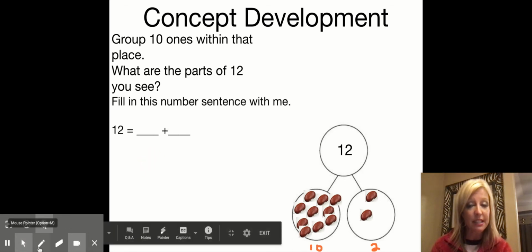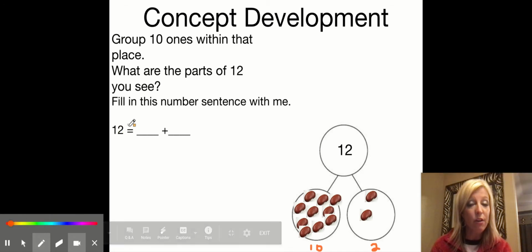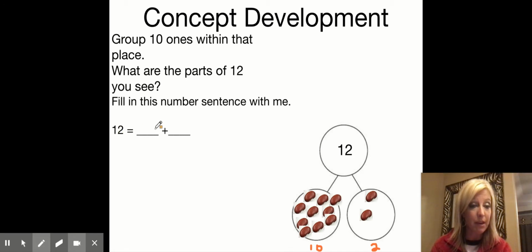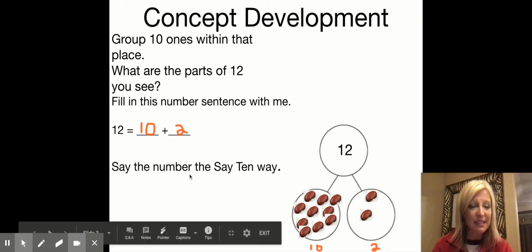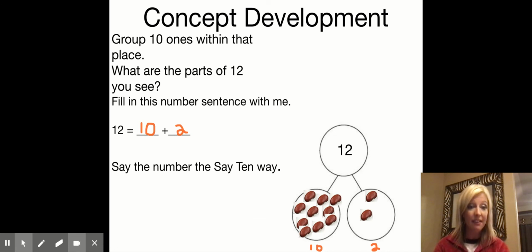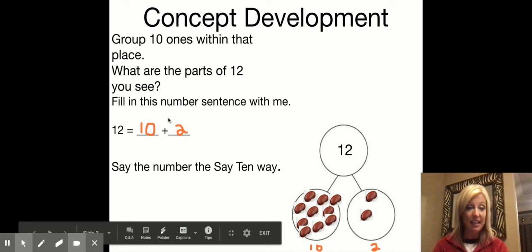Fill in this number sentence with me. 12 equals, what did we break 12 into? Very good. 10 plus 2. How would we say 12 using the say 10 way? Does anyone remember that? Very good. 10, 2.